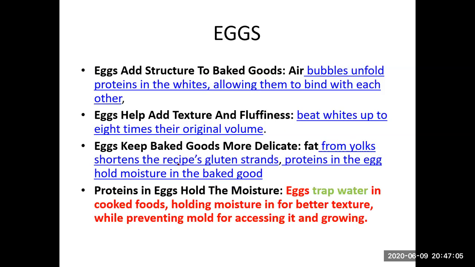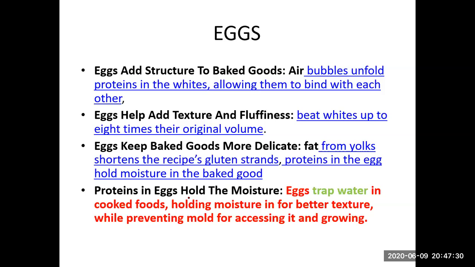We already read that fat helps to shorten the gluten, so it softens the product. So in the case of egg yolk, as it contains fat, this fat shortens the gluten strength, and the protein, that is egg white, holds the moisture with the air. So your product will be more delicate.